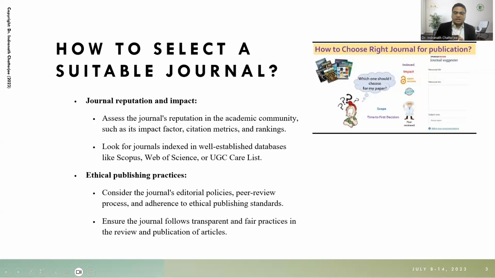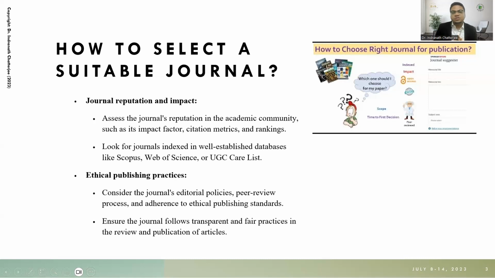Another ethical publishing standard you have to check is the plagiarism percentage of that journal. If you visit any journal website, you can easily see how much similarity or plagiarism they allow. If they allow more than 20%, 30%, 35%, just avoid that journal.